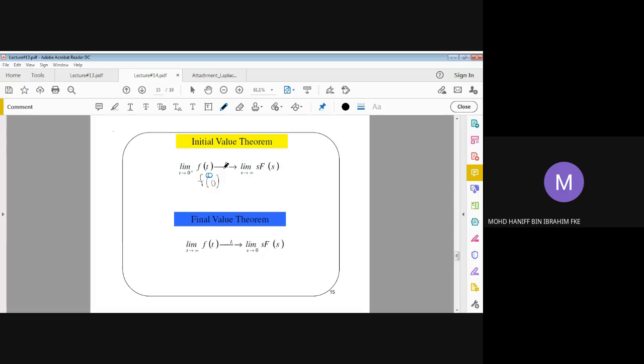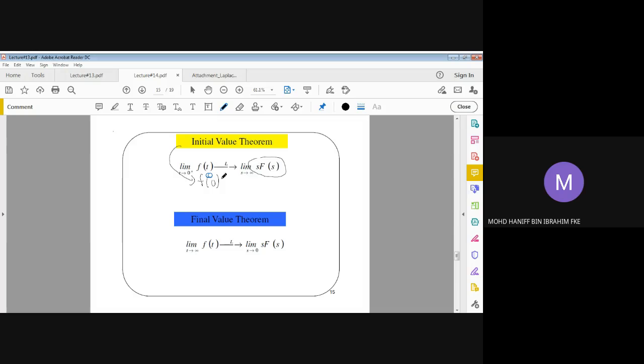So f(0) will be equals to the limit of s approaching infinity of sF(s). That is why we call this the initial value theorem, because by this method we can find the value of f(0) by simply evaluating the limit of sF(s).